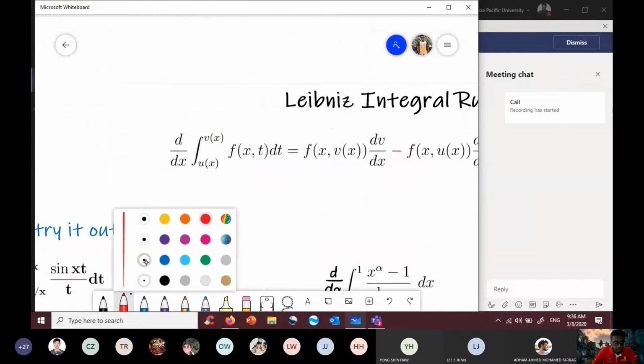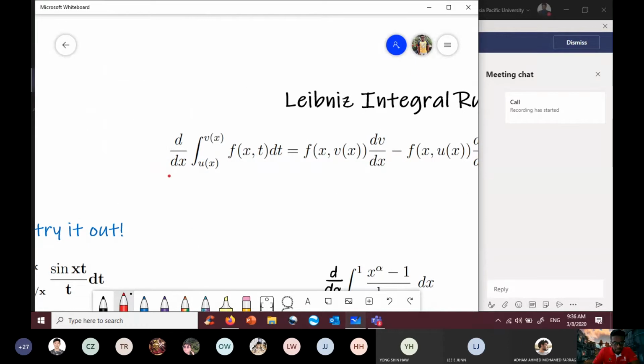What if you have something like this? You have a derivative of an integral, fine, looks easy. However, can you see that the expression inside here not only contains x, it has an x and a t at the same time. So you cannot simply claim, I integrate and then I differentiate back, I will get the same thing.